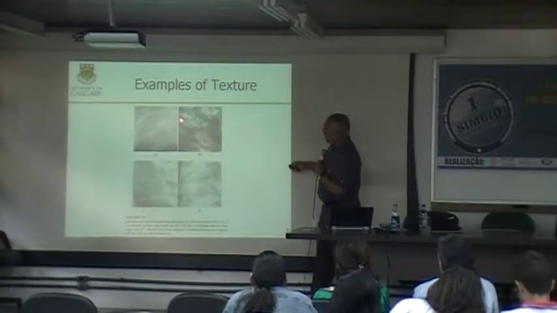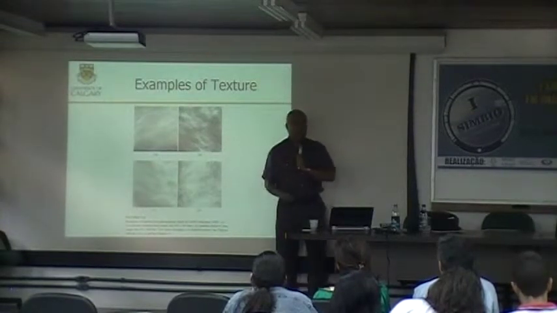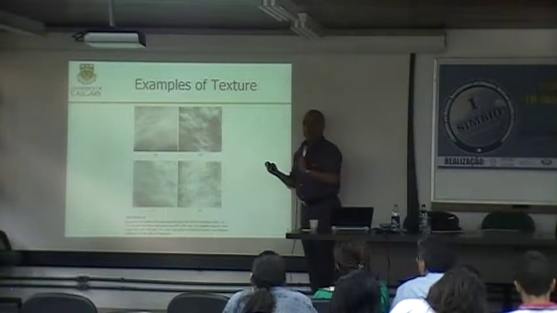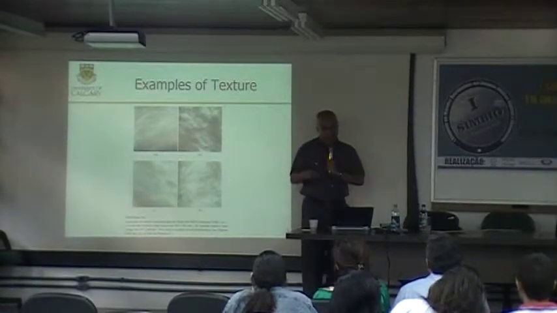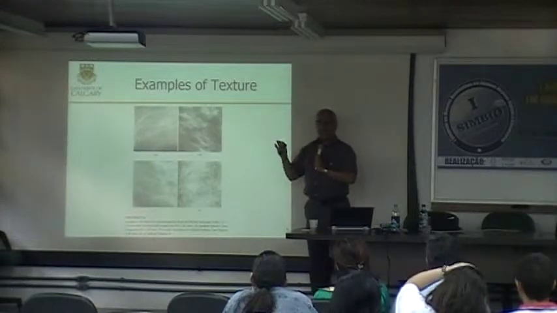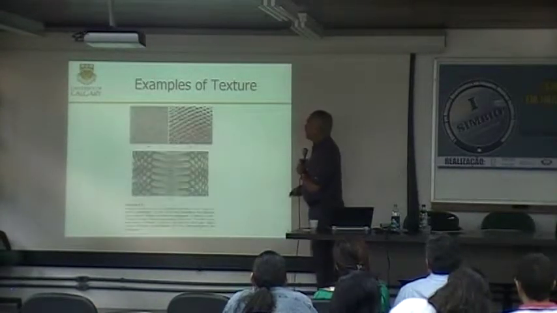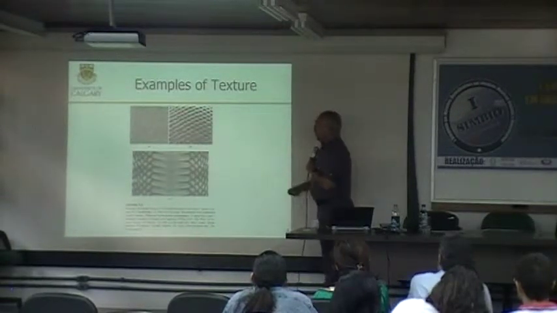Here you see some oriented tissue and also some cloudy patterns. So in a mammogram you can expect random texture and oriented texture. So there are many types of texture and you cannot analyze all of them using the same technique. You need many different approaches to texture analysis. And some more examples.